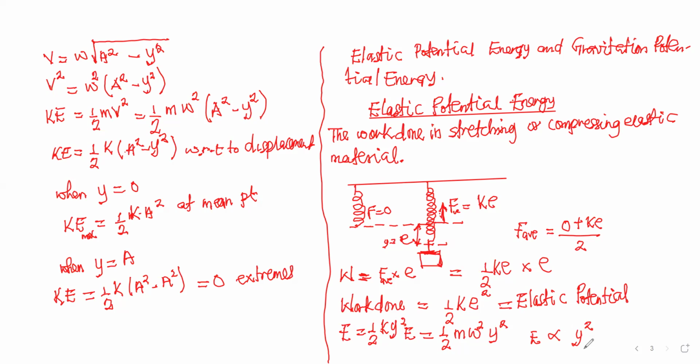So it's a factor of the displacement or position of the body. So clearly it means that at the mean point where Y is equal to 0, elastic potential energy will be 0. And at the extreme, where extension is equal to the amplitude, elastic potential energy would be maximum.